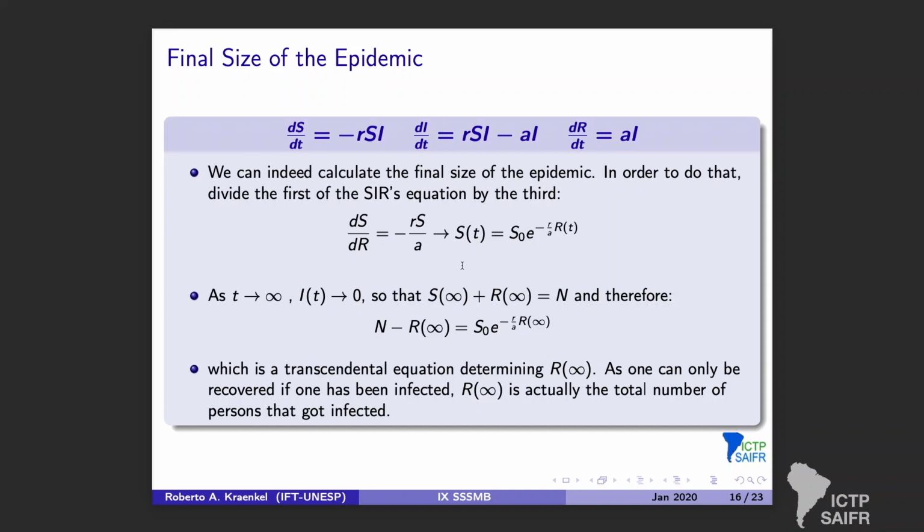It's not the recovered number. You should have paid more attention. So dS/dR is equal to minus beta, is equal to minus r, the r of the reproductive number, okay.